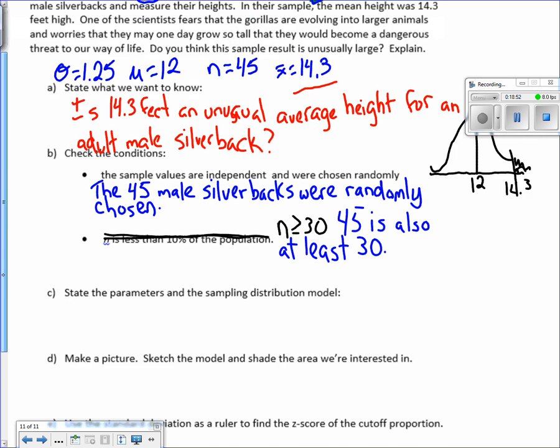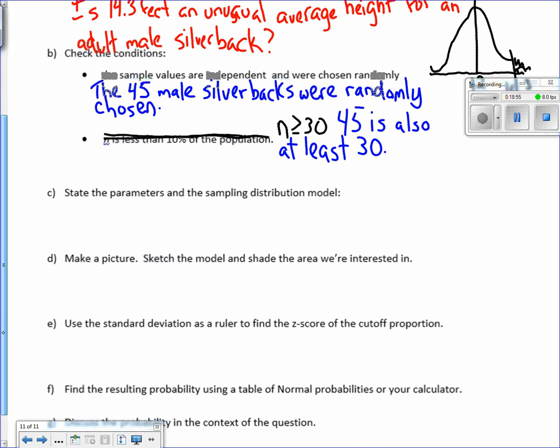So down here in part C, those were the two conditions we had to meet. Done.